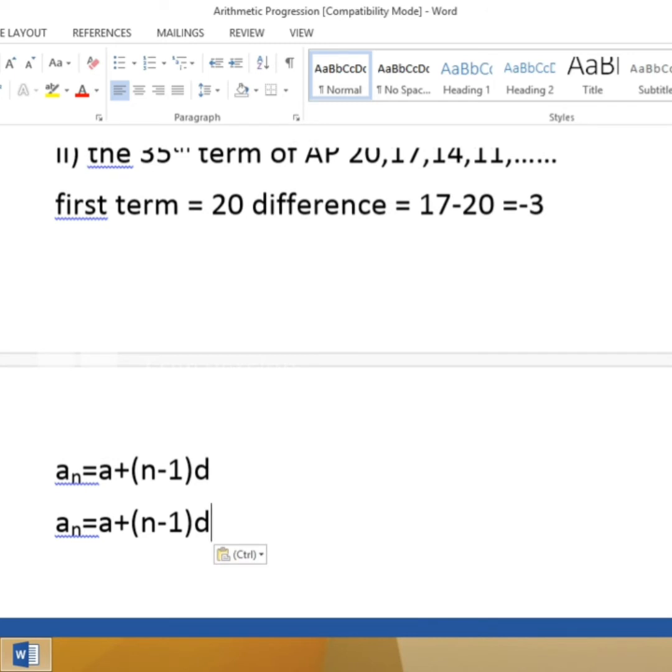So the 35th term we are going to find. The first term is 20, 20 plus 35 minus 1, and the difference we already calculated, into minus 3. 20 plus 34 into minus 3.